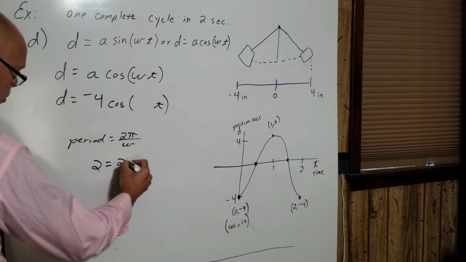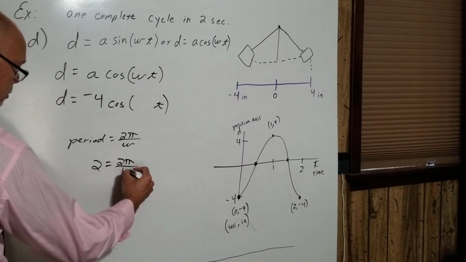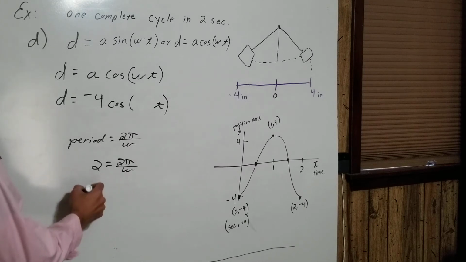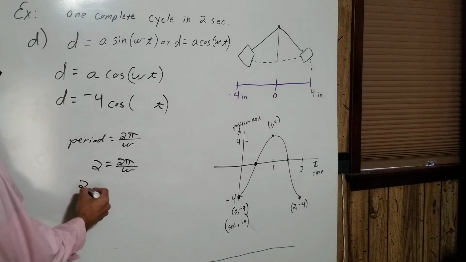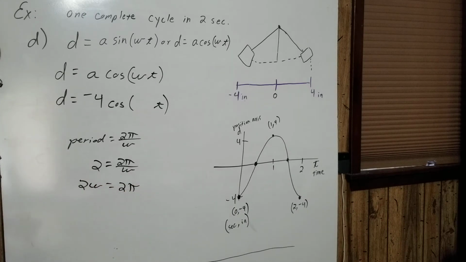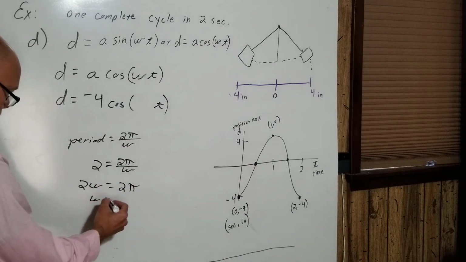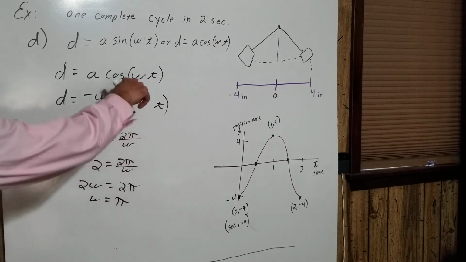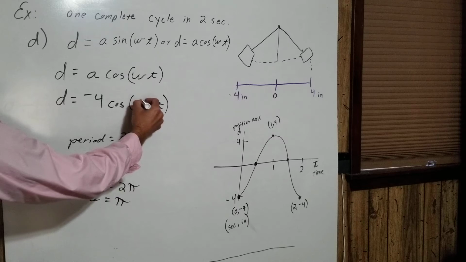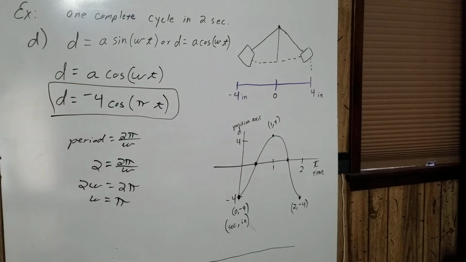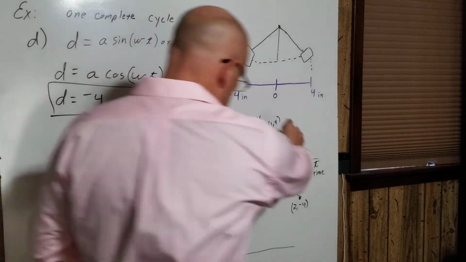It's equal to 2 pi over omega. Multiply both sides by omega, so 2 omega is equal to 2 pi. Then we can divide by 2, and omega is pi. So for omega here, I'm going to put in pi. And there is the function they wanted us to model. This thing right here.